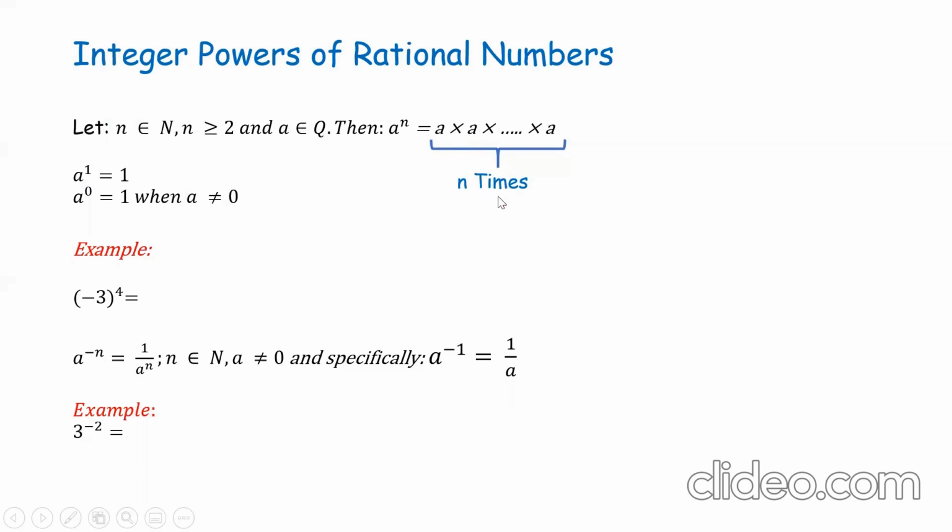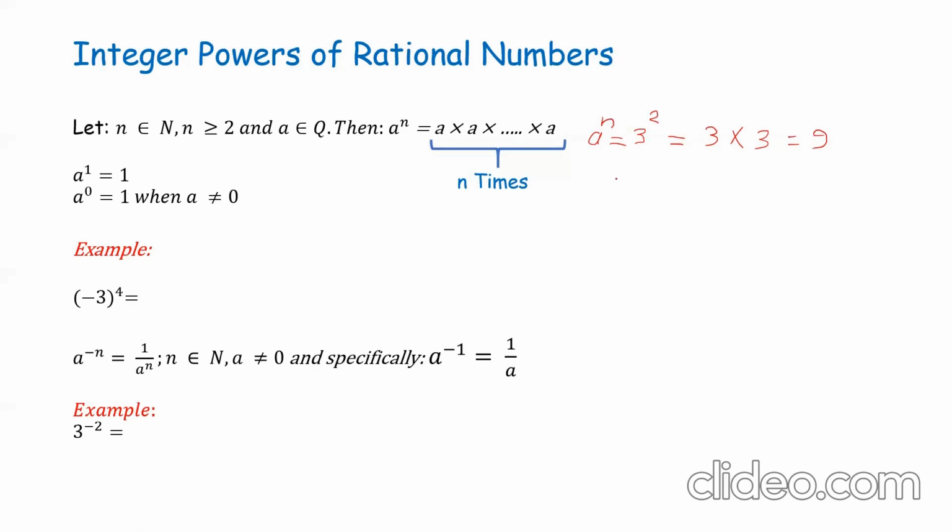So for example, if we have 3 to the power of 2, here we have n equals 2 and a equals 3. So a to the power of n equals 3 to the power of 2, and this is equal to 3 multiplied by 3 twice, since n is equal to 2. So we get 9. So 3 to the power of 2 equals 9.